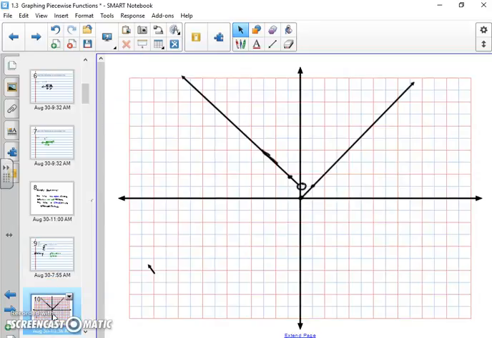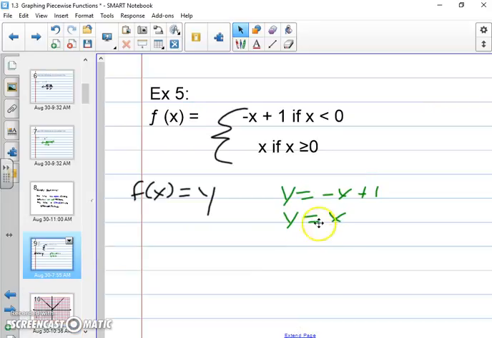The second one, y equals x. Our y-intercept, as I already stated, is 0, 0, so we begin here. Our slope is 1 over 1, so you go up 1 over 1, up 1 over 1. You can also go down 1 to the left 1, down 1 to the left 1. You can draw the line this way, but right here it says x is greater than or equal to 0.